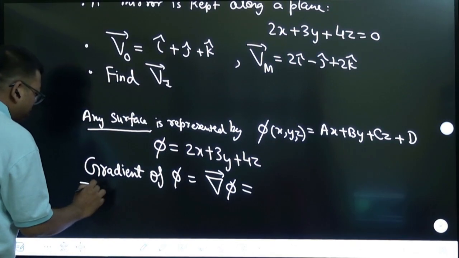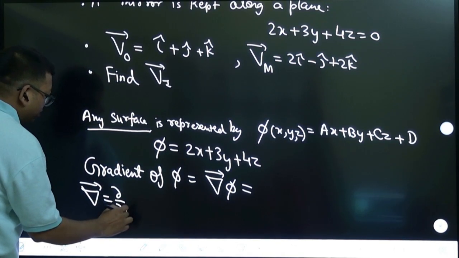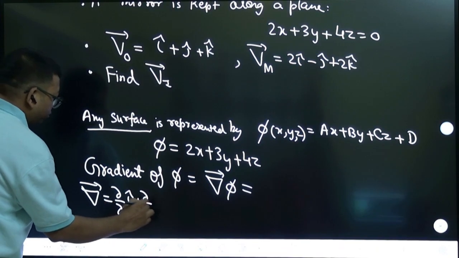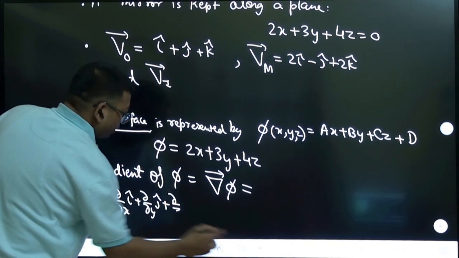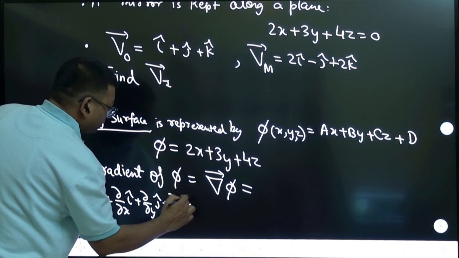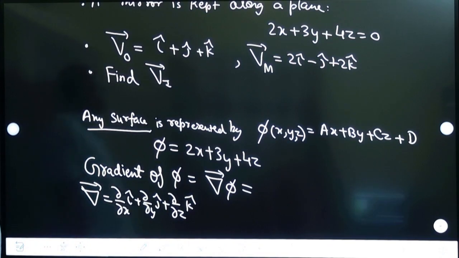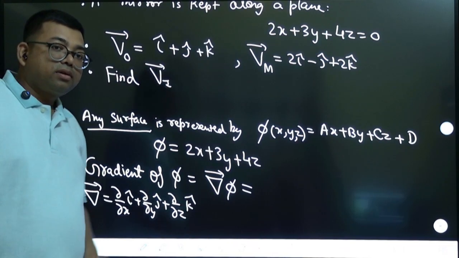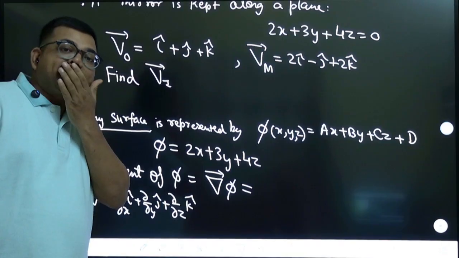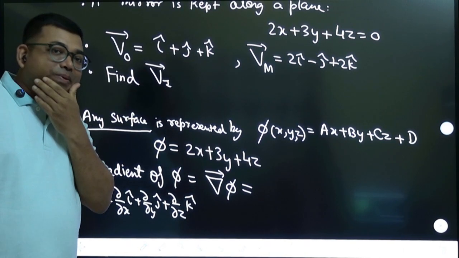What is the del vector? It is dou by dou x i cap plus dou by dou y j cap plus dou by dou z k cap. You have seen this operator in the work-energy chapter, right? Work energy.